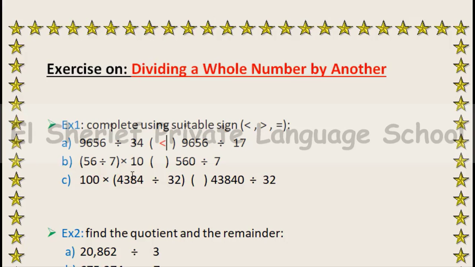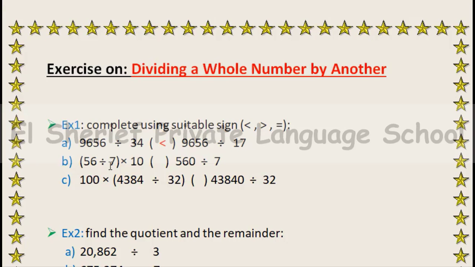Why don't we times 7 by 10? Because if we have a number in the bracket, and here we have a number and the multiplication sign, this number multiplies the dividend only, not the divisor.